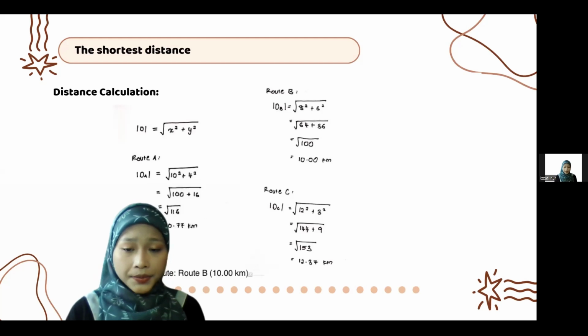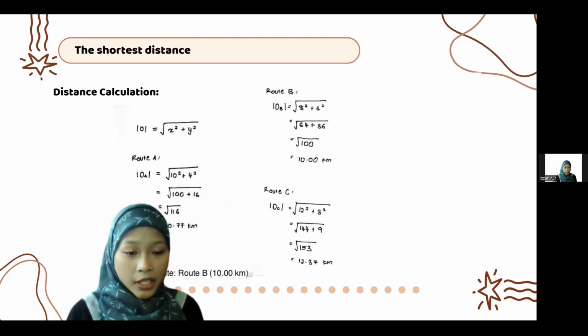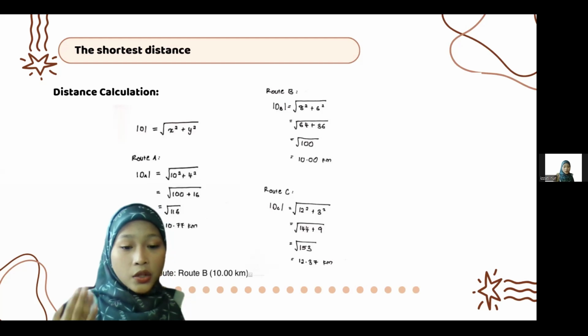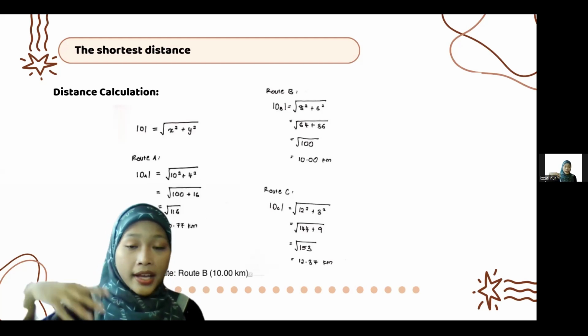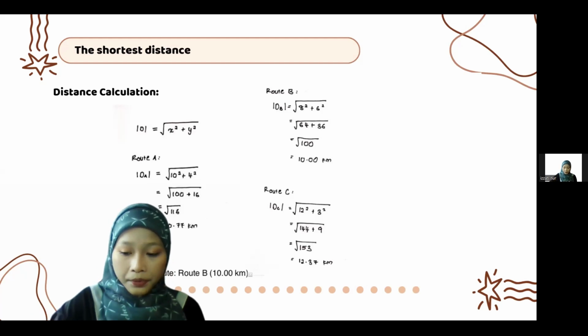And route C, the square root of 12 squared plus 3 squared, equals 12.37 kilometers. So by this calculation, we can say that the shortest route is route B, which is only 10 kilometers to reach Makete from Mushrif's house.